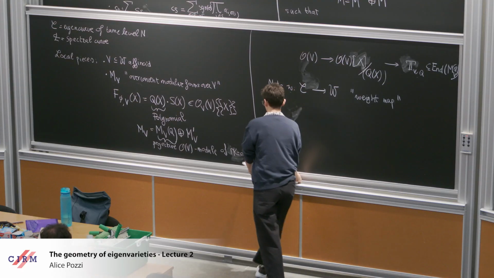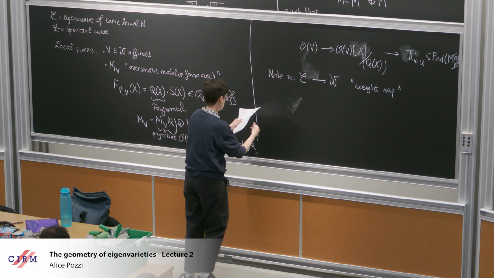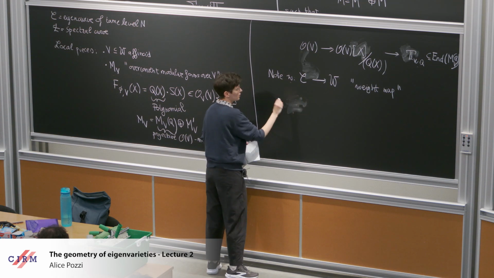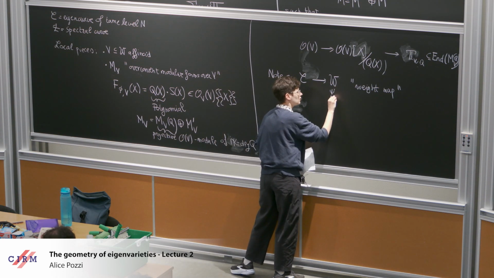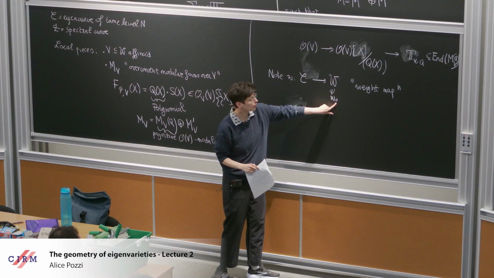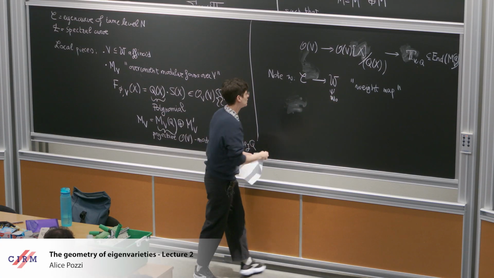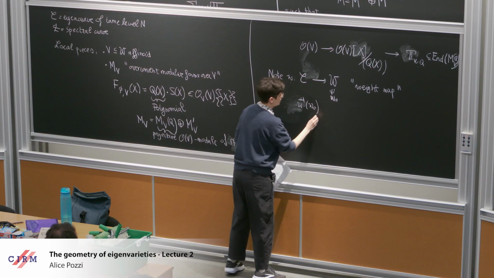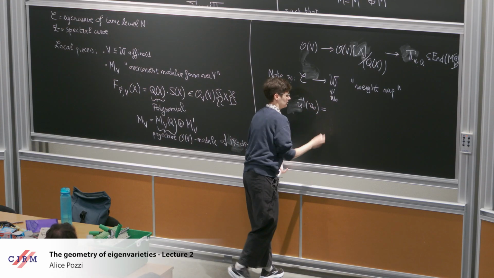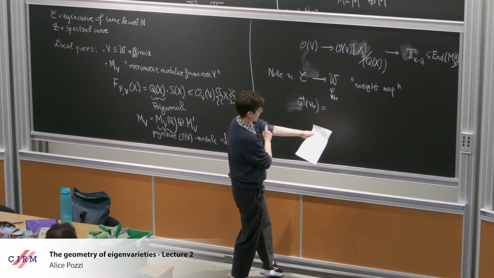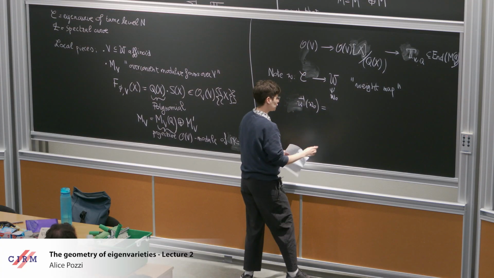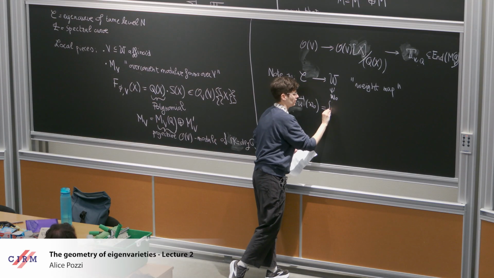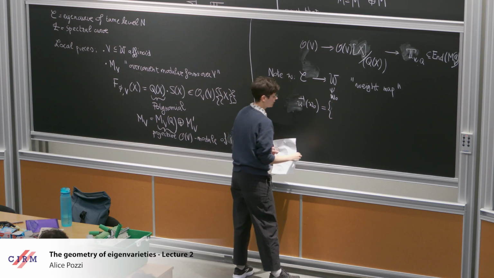What is the eigencurve doing for me? Well, if I take a point inside here, I can look at the fiber over this point. And I can interpret the points of this fiber as morphisms.